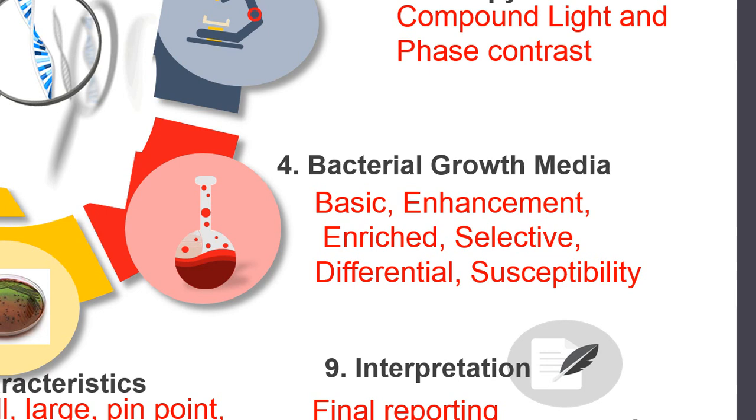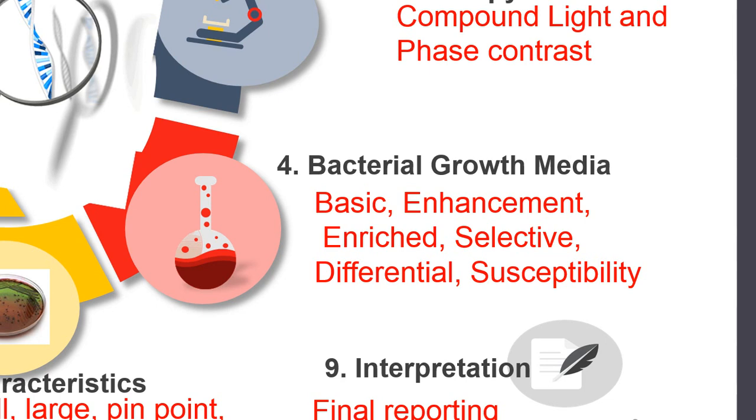Then we have enhancement media that basically provide enrichment or enhancement of growth for the bacteria that are pathogenic in nature, while in the same specimen, if the normal flora of the body or the specimen is present, this normal flora will be inhibited.